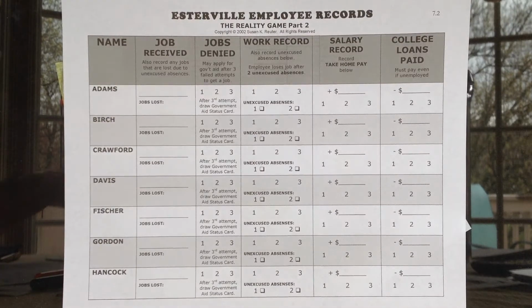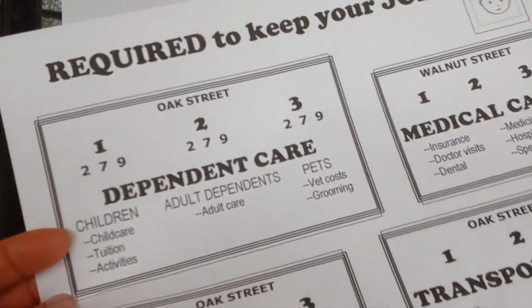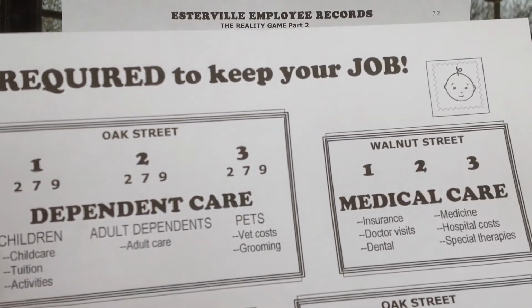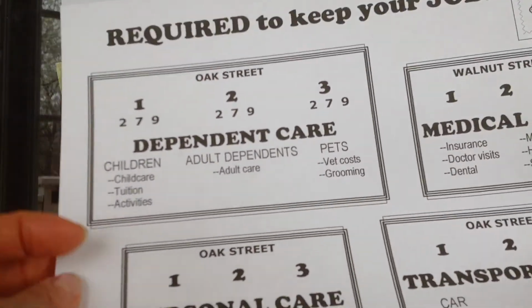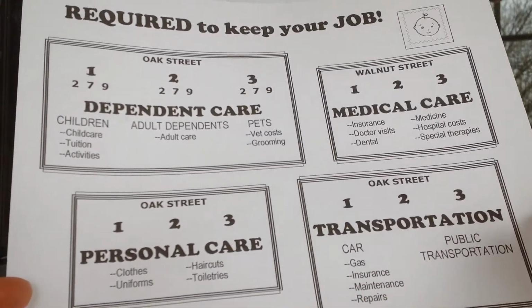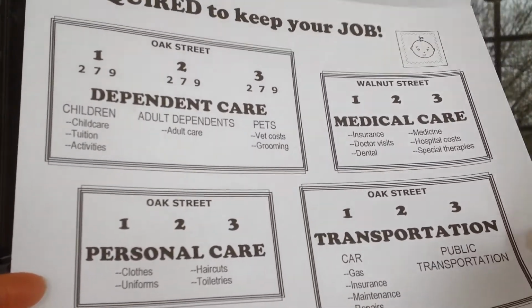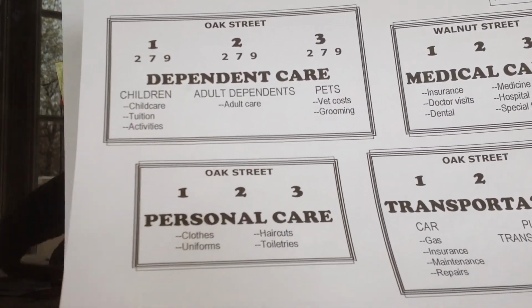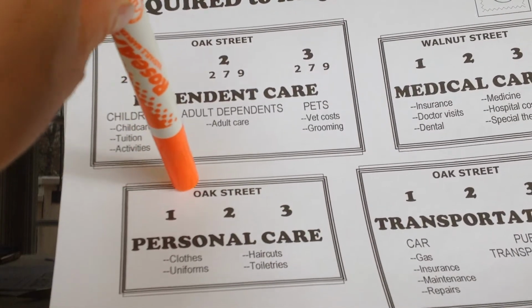First thing you're going to do is the student will give you their game board, and you're going to especially look at the side that says required to keep your job. The way that this works is there's 4 boxes on this page, and for whatever month you're in, if you're in the first month, you're going to check on this page to make sure that each of the ones has been stamped with a marker.